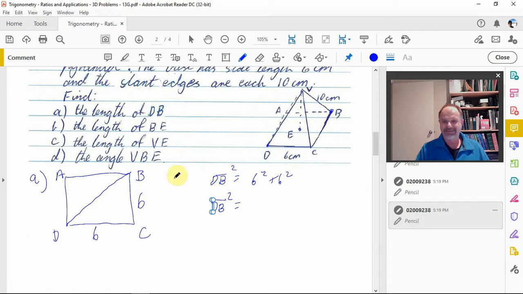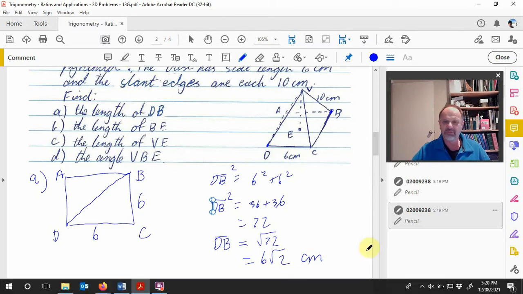If I just did the points, it would be the distance from point D to point B, whereas here, because I've got the line symbol above, it's the line DB. So the line DB squared, the length of that, is 36 plus 36, which of course is 72. And then when we square root both sides, the length of DB is the square root of 72, which would be 6 root 2 in centimetres.